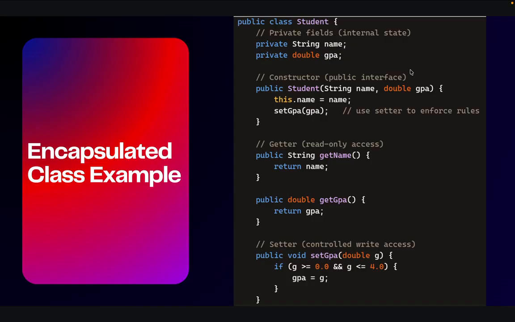And lastly, we have our setter, which is going to take in some information, make sure it's valid, and if it is valid, then it will set that to whatever the data value is. So that is kind of how encapsulation works. It's just making sure that your data is protected, it's seen by who it needs to be seen by, and it is accessed by who it needs to be accessed by.